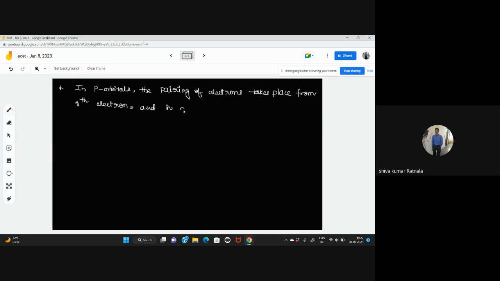in p orbitals, the pairing of electrons takes place from the fourth electron, and in d orbitals from the sixth electron, and in f orbitals from the eighth electron.